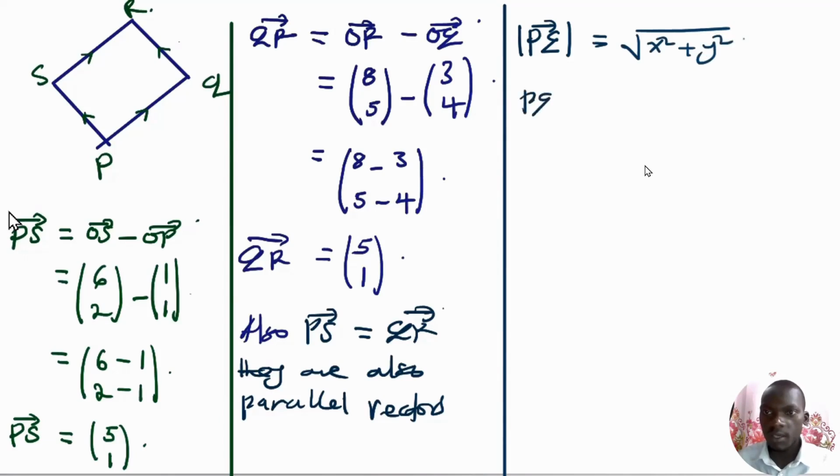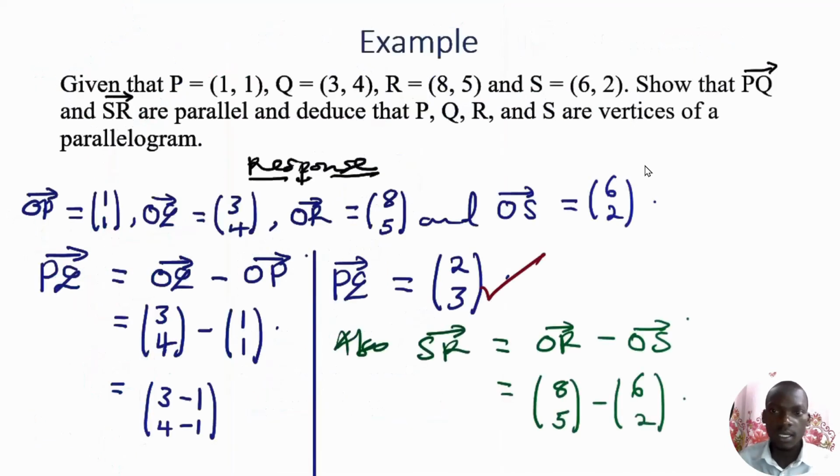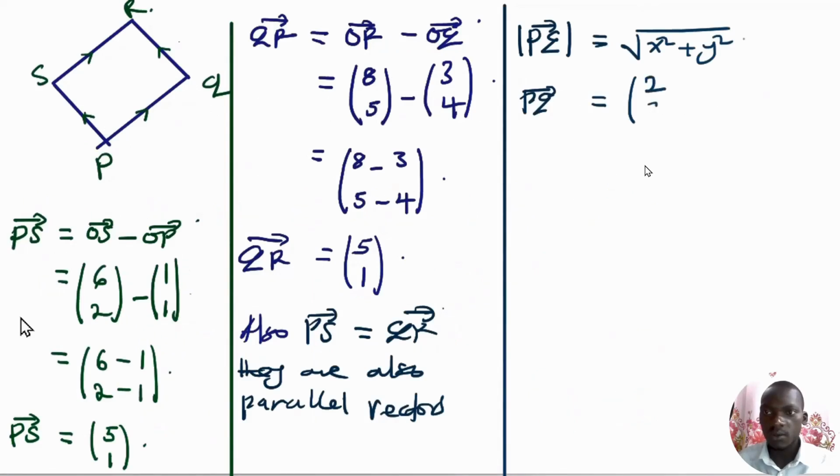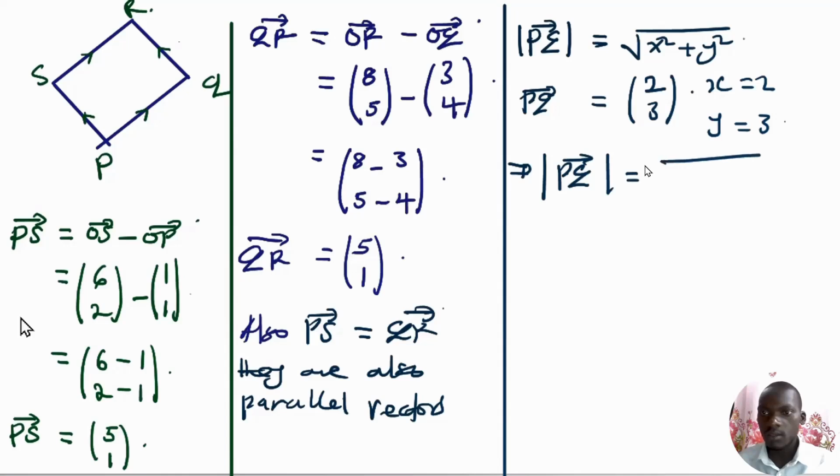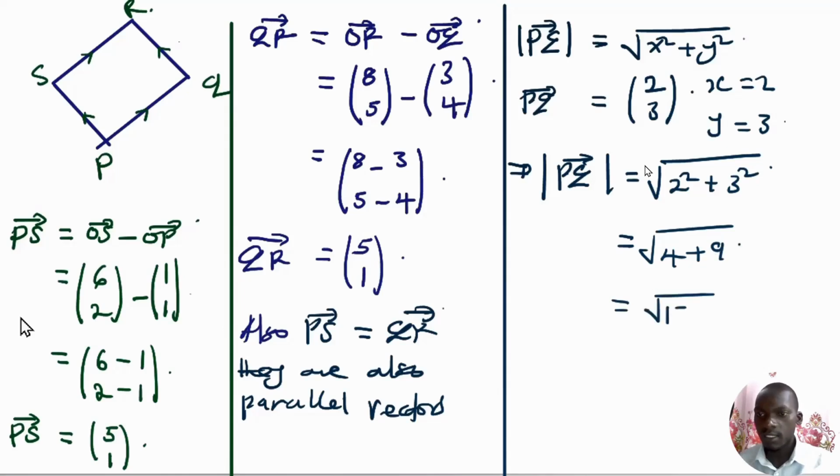Vector PQ is given by (2, 3), whereby x equals 2 and y equals 3, so the magnitude of vector PQ equals the square root of 2 squared plus 3 squared. This gives the square root of 4 plus 9, which is the square root of 13 units.